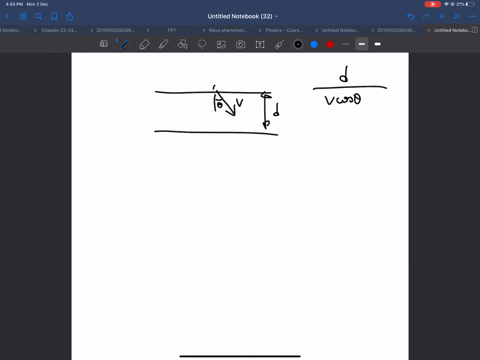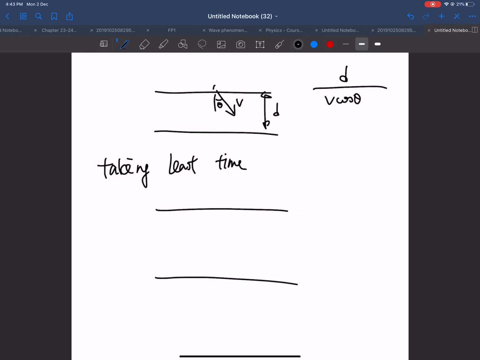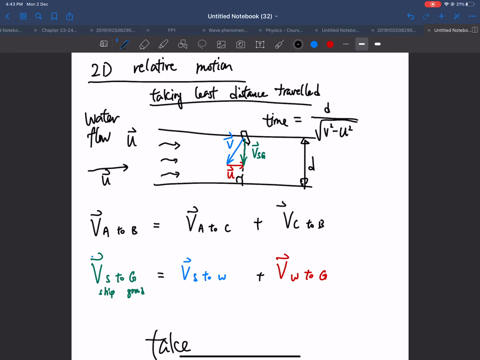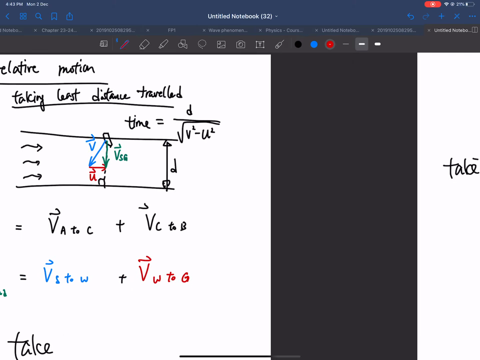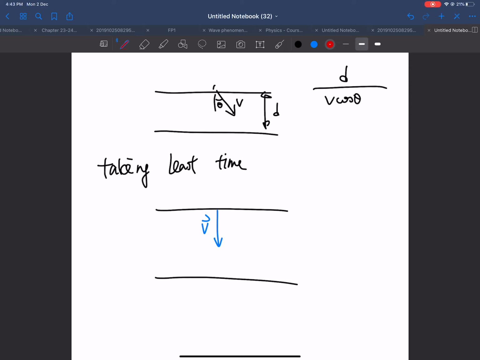So how can it move such that it will take the least time? It should move down. That means the velocity relative to the river should be downwards, and then the velocity of the water to the left.